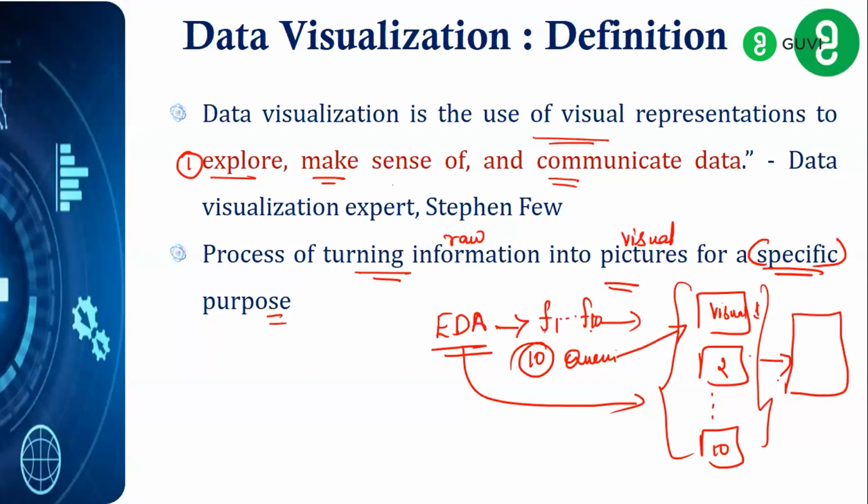So after doing this EDA, the next step is you can create a dashboard. Dashboard is nothing but you can pick visual 1, visual 3, and visual 4 in order to create one dashboard. Everything is with respect to your query, your objective and your audience, to whom you are going to present this.